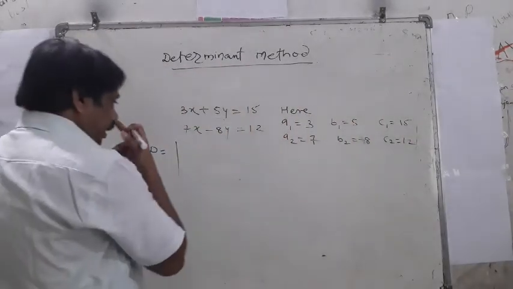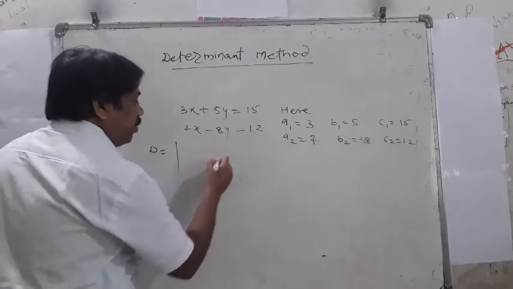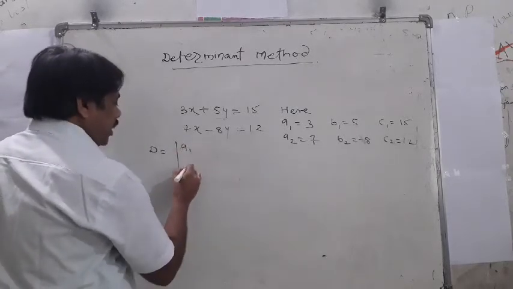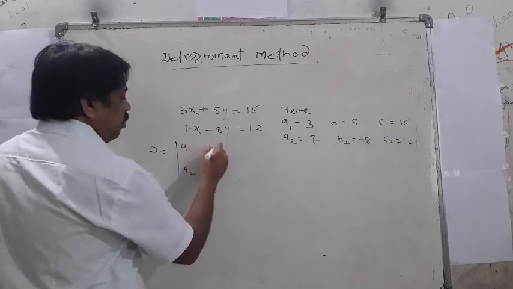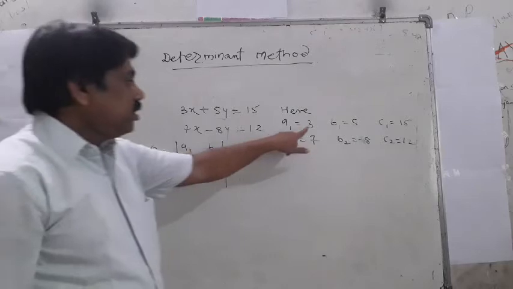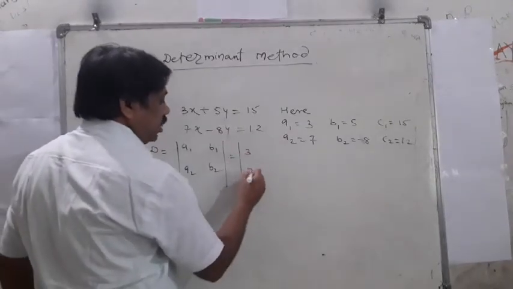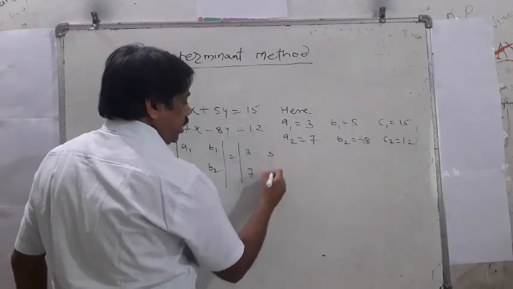Now D is equal to a1, a2, b1, b2, which is 3, 7, 5, negative 8.